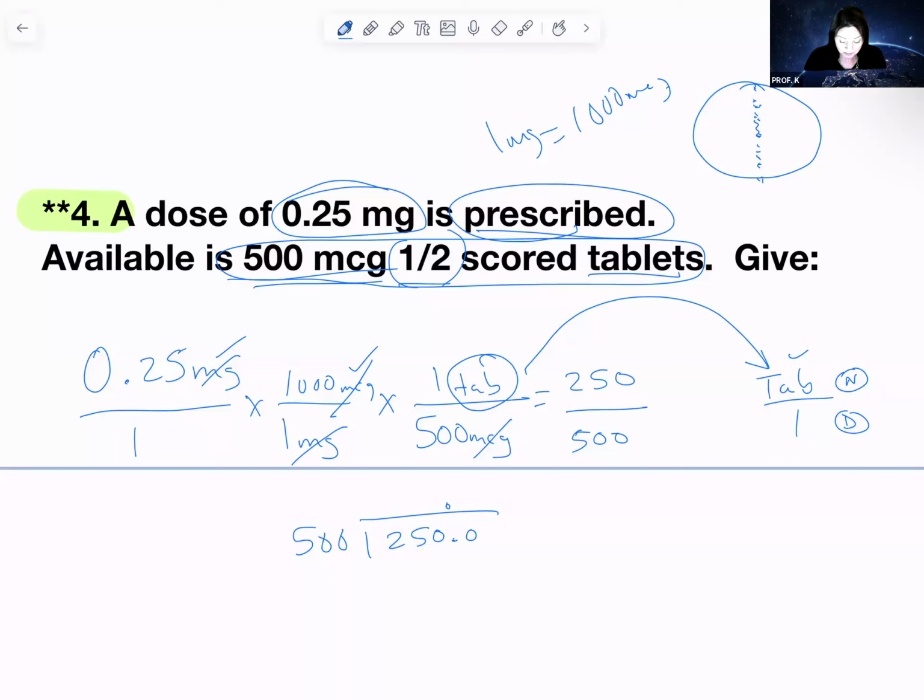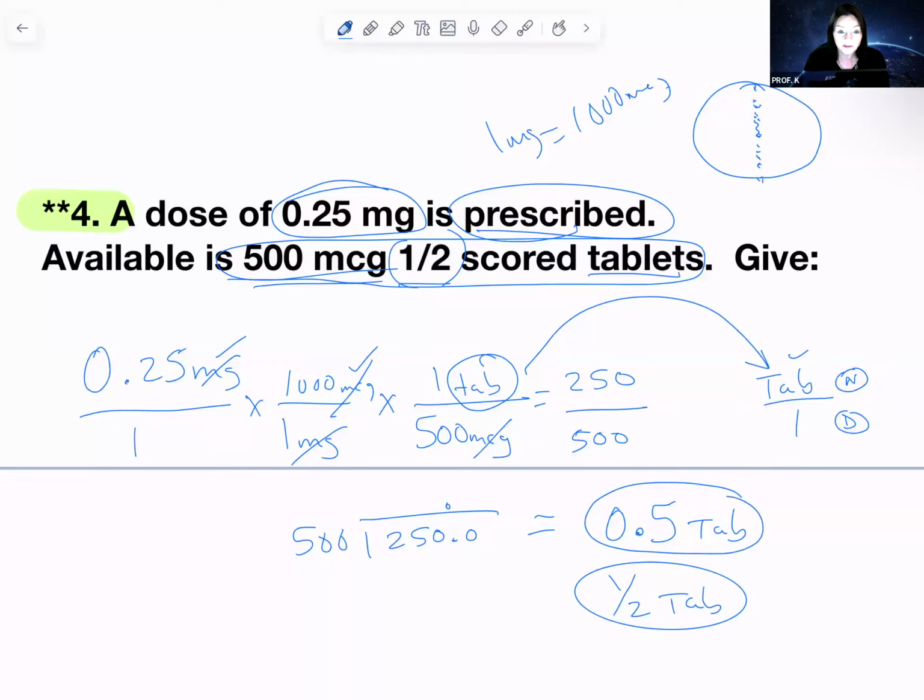So when I divide 250 by 500, it will give me, on my calculator, 0.5. So my answer is the patient will get 0.5 tablets. Now, some people wrote half a tab. That's correct too. So I will accept half a tablet written like this, and I will accept 0.5 tablets written like this.